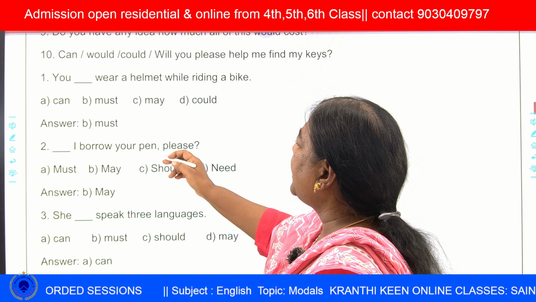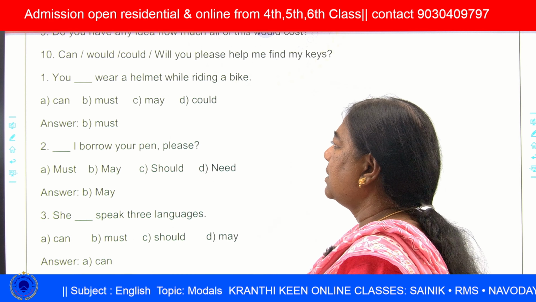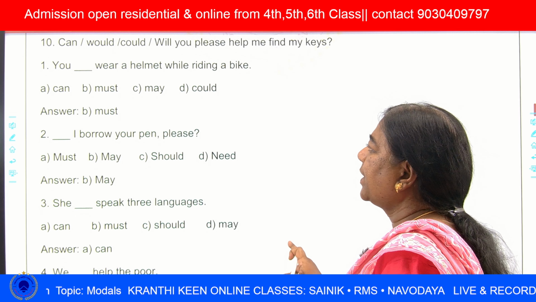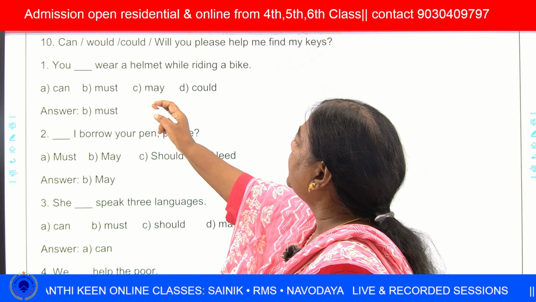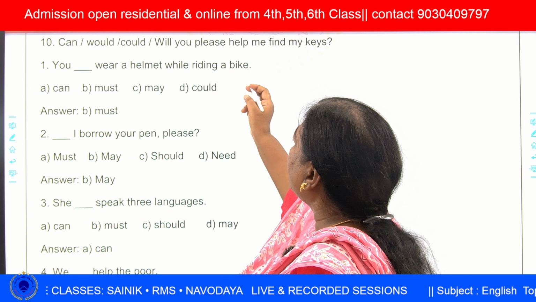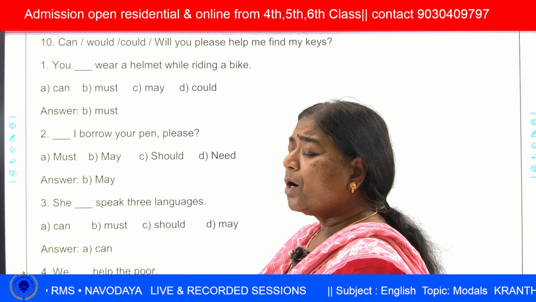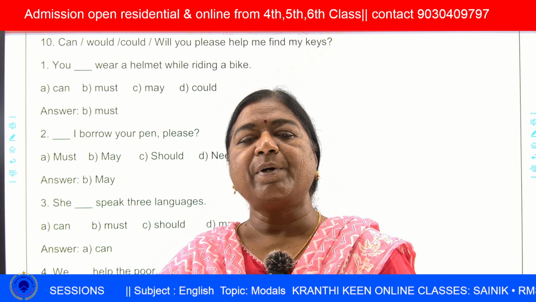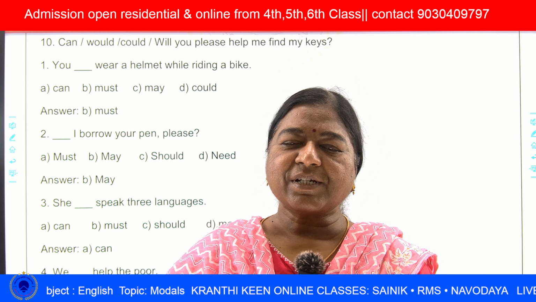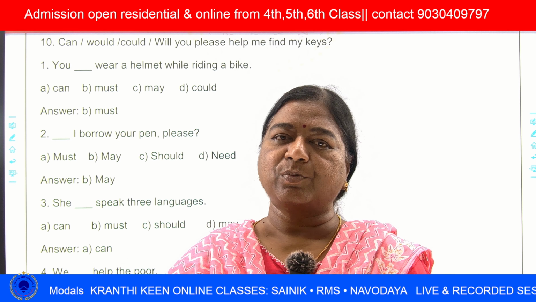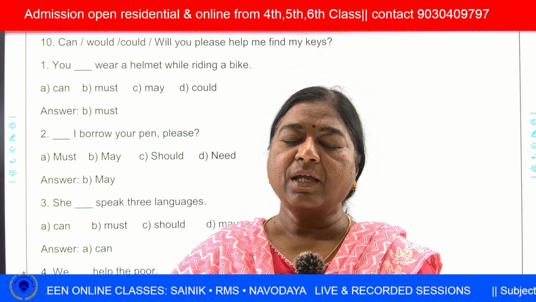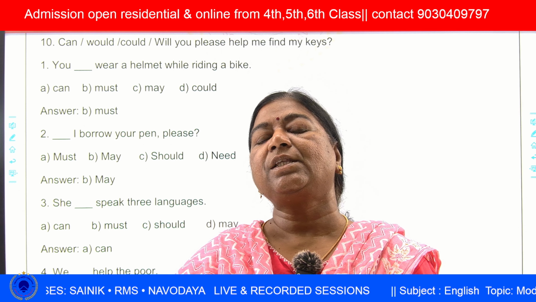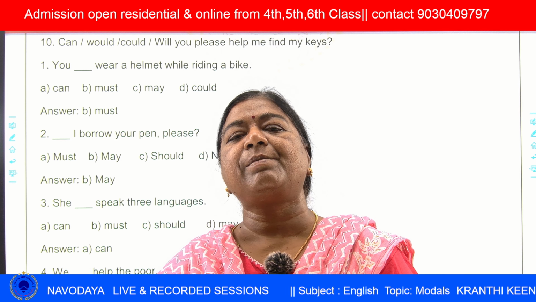Next. Now, here we have a set of moral sentences. You dash wear a helmet while riding a bike. Do you have an option? Do you have any choice to use a helmet or not? Most of the time you are scared of being caught by the police. But as per the rules, why does the police insist on wearing a helmet?